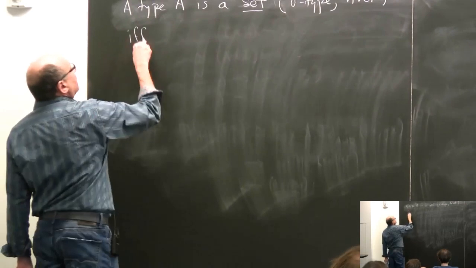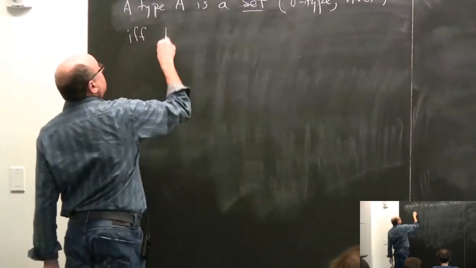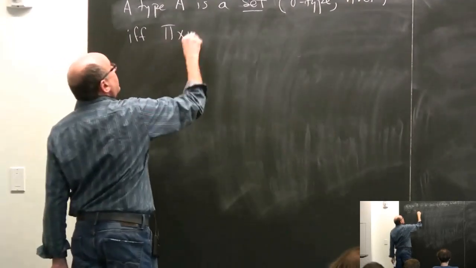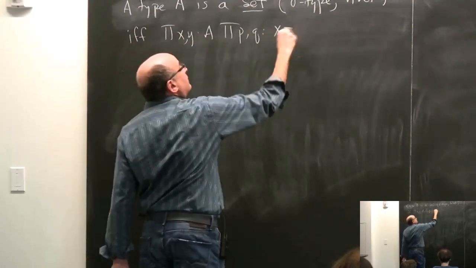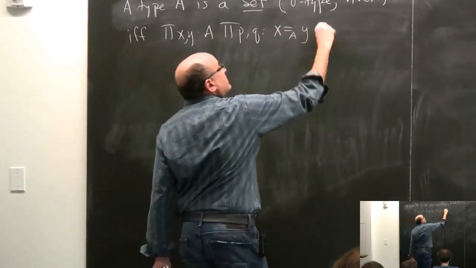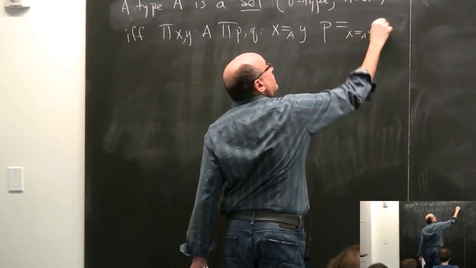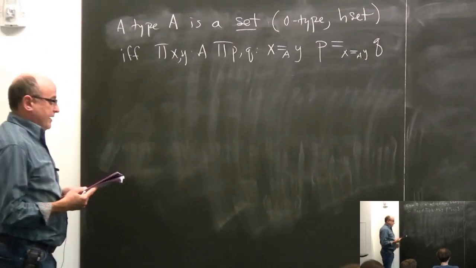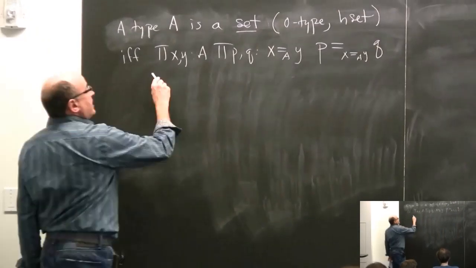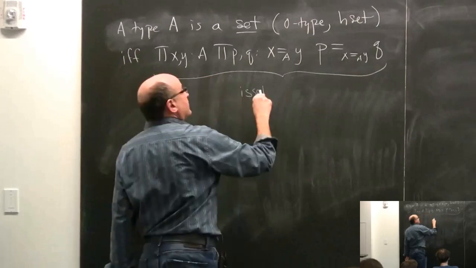Okay, if and only if we take any x and y in A, and we take any two reasons why they're equal, those reasons are themselves equal. So this type here could be taken as the definition of is set of A.